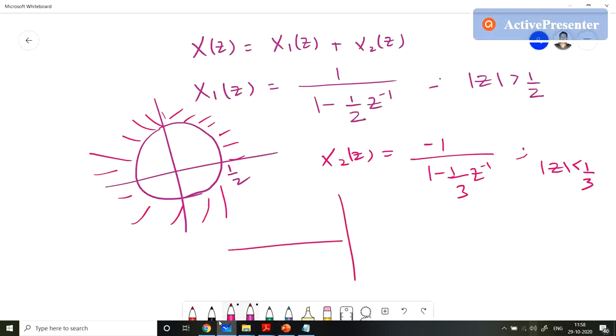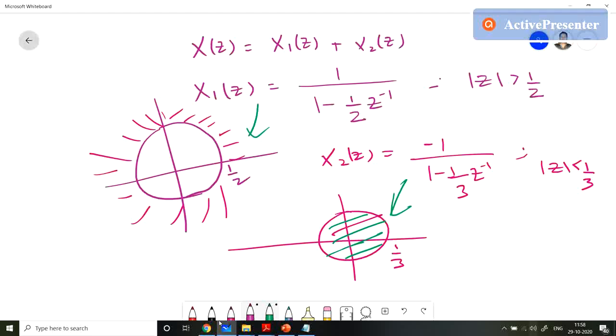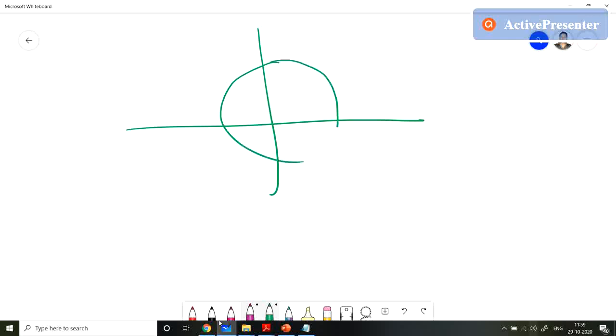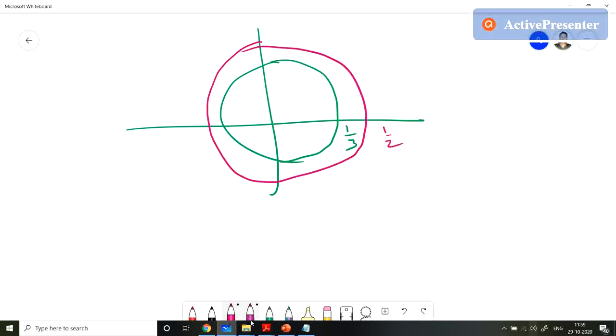Now this is 1/3, and this is the ROC for this signal, and this is the ROC for the other signal. Can we find the common ROC? If we draw that, 1/3 is the inside circle and 1/2 is the outside circle.